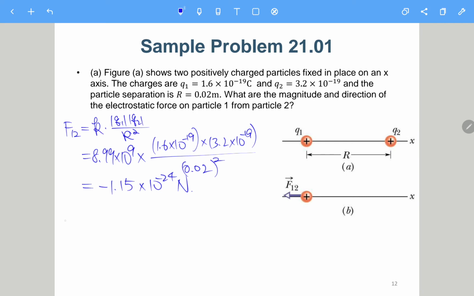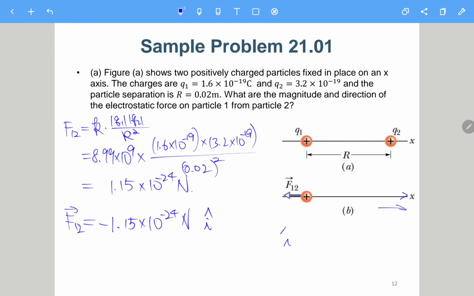And if we try to write it in vector form, it is like F12 equals, we don't have a negative sign here, it's positive. So actually this is the x-axis, and x-axis should point to the right side. So in this case, if you write it in the vector form, it is negative 1.15 times 10 to minus 24 Newton, and then we use this i hat, or sometimes I just skip this i.